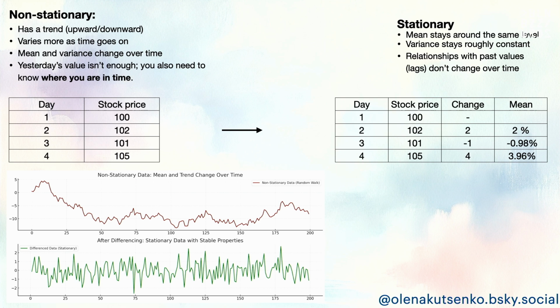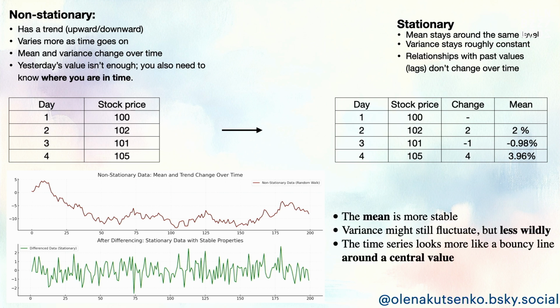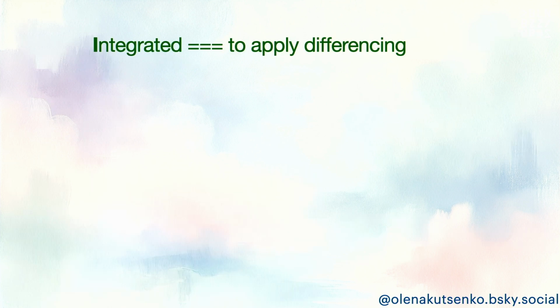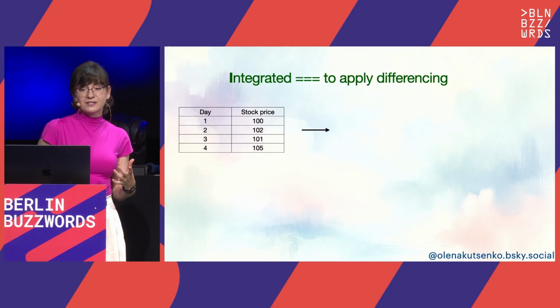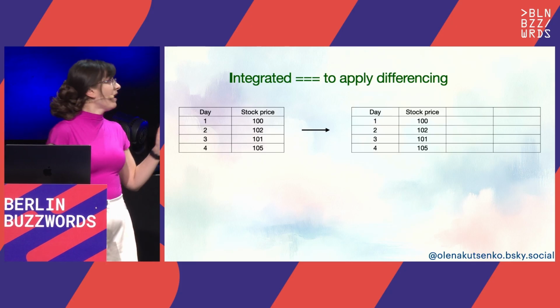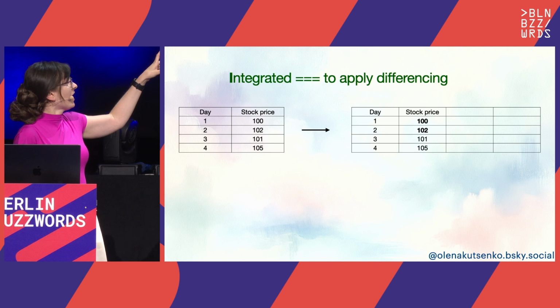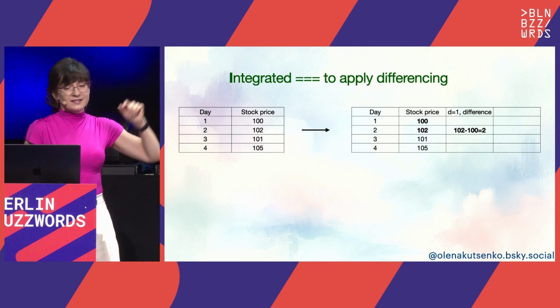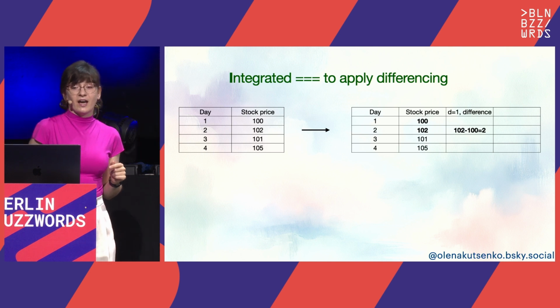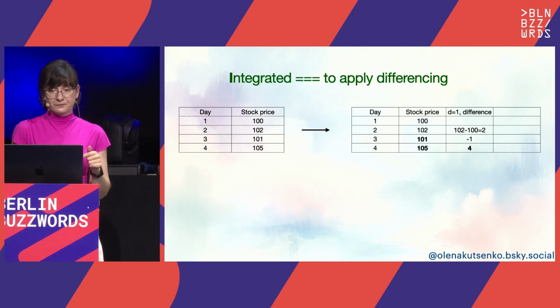So we want to lose maybe that precision of the data, those spikes and downs, and we do it with differencing. So instead of looking at the values, for example, the stock price itself, we look at the difference between this value and the past value.